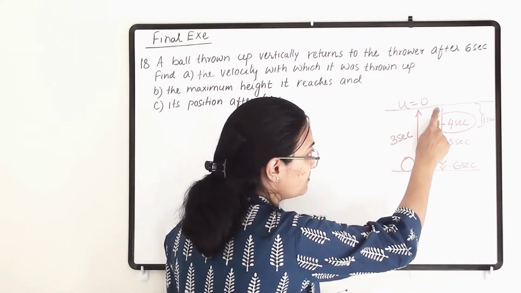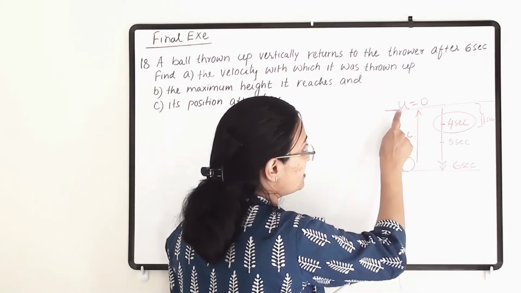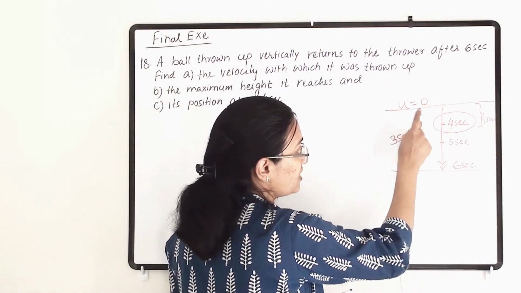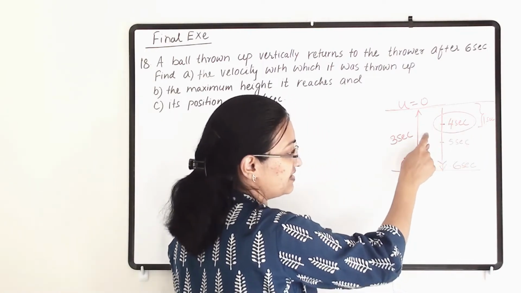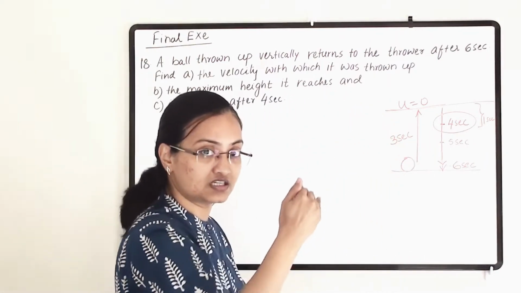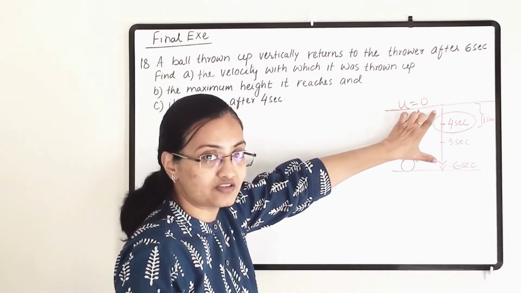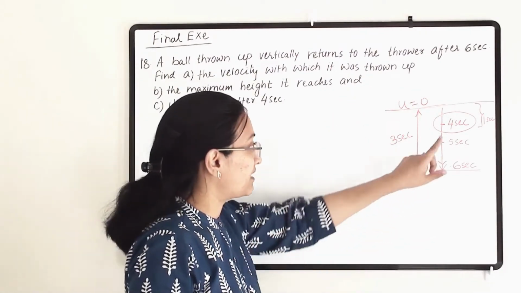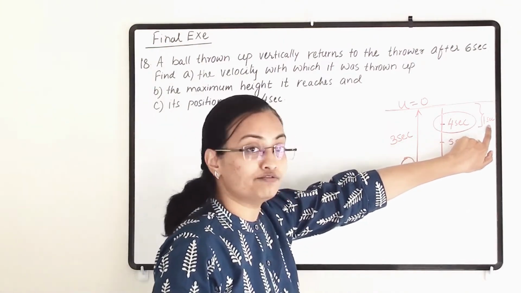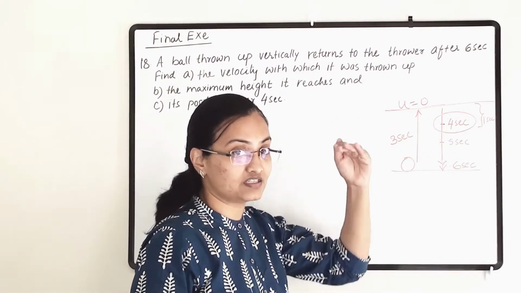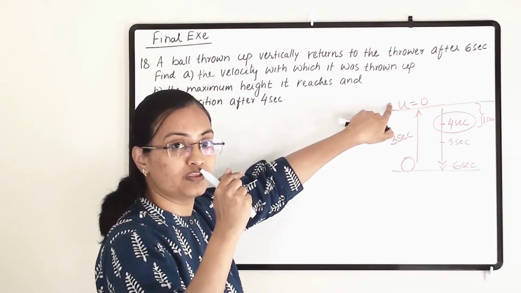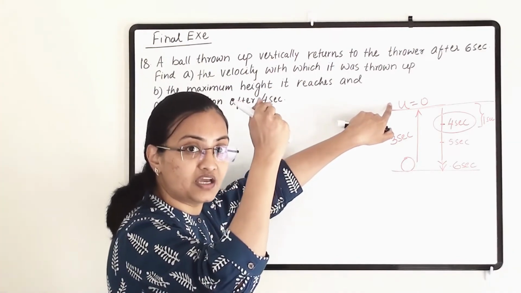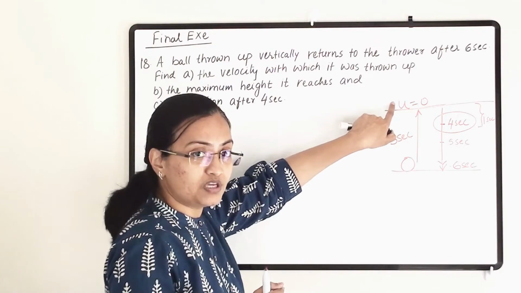So here the initial velocity is 0, and the 4th second will be its 1st second of coming back. We are not talking about the entire journey. We are talking only about this part when the ball has started to come back. So this 4th second is going to be the 1st second for the ball when it has started coming down. And for this situation, its initial velocity is going to be 0, because it will reach the top, stop there and then come back.